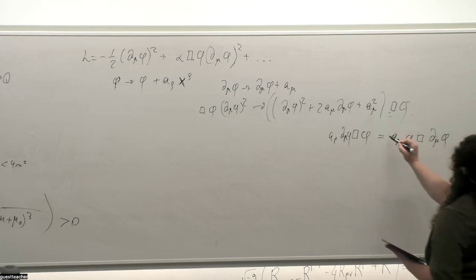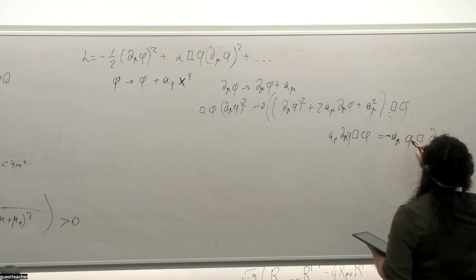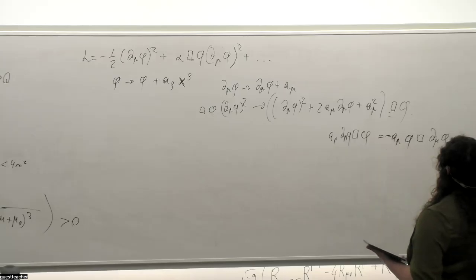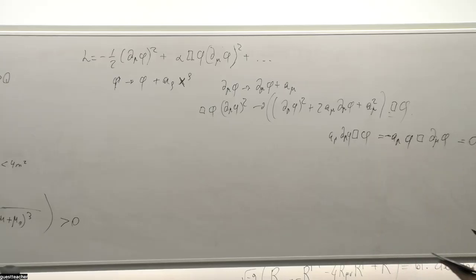So it will be equal to minus a^mu phi box d_mu phi, which is basically the same expression as it was before.